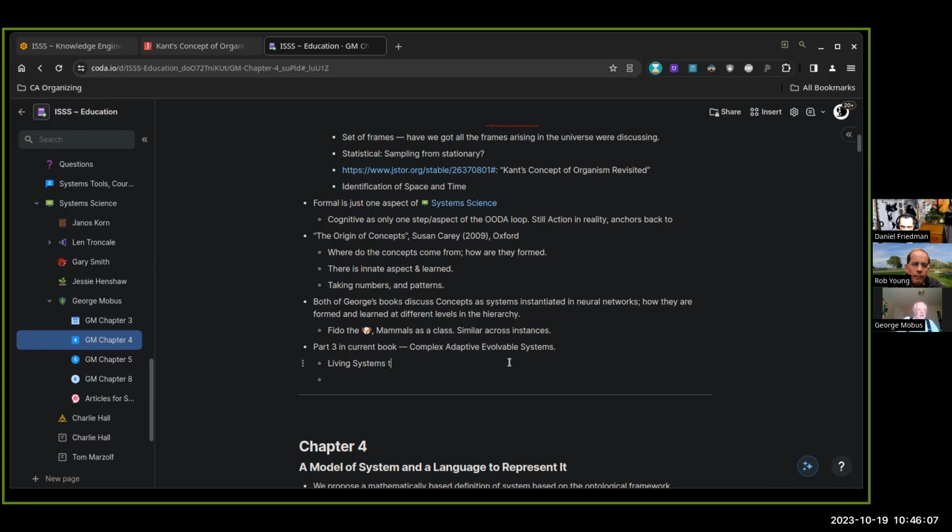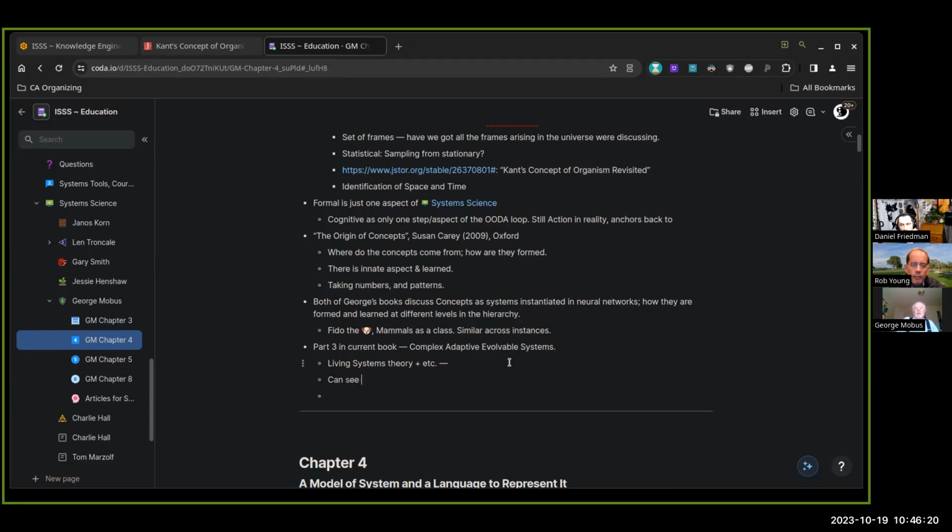So the idea is that we can look at things like the human brain, a human as a system, as a complex, adaptive, and evolvable system, and that it can learn. A human being can learn totally new structures in the brain, and those totally new structures give rise to new behaviors.